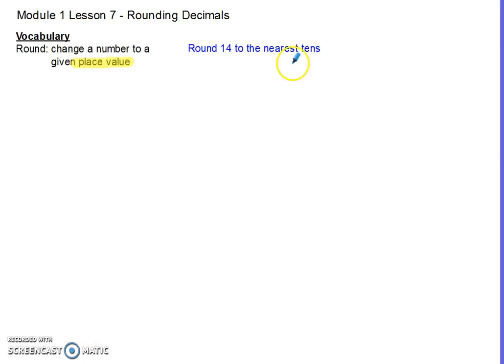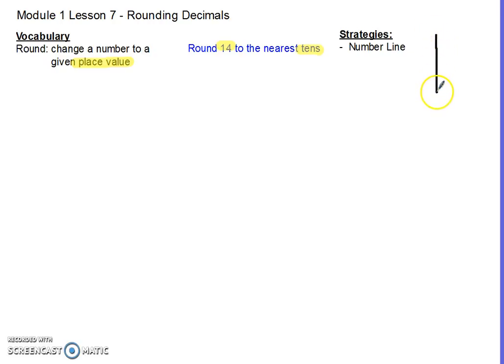So let's start with this problem, rounding 14 to the nearest tens. We want to really look at this whole number, and there's a couple different strategies that we can use. The first strategy that we've used and talked about was the number line. You would draw your number line.